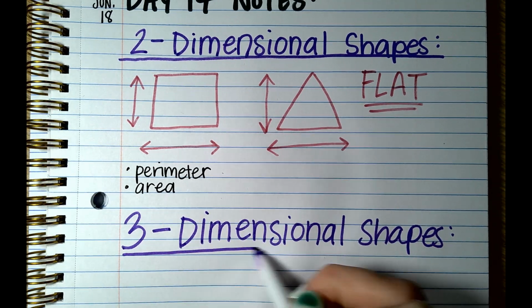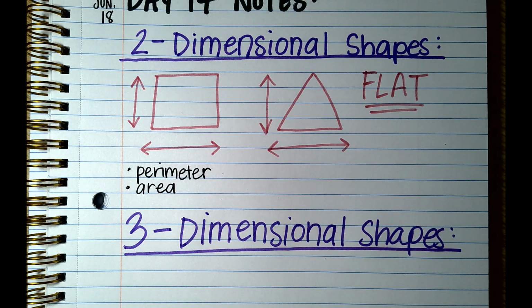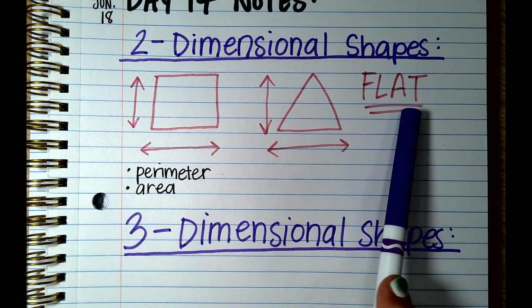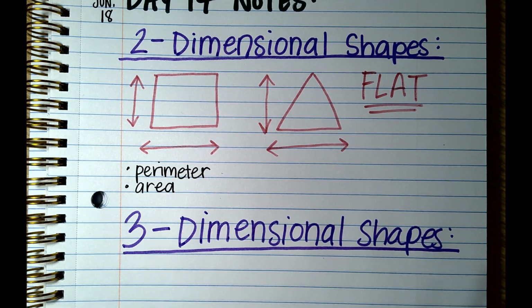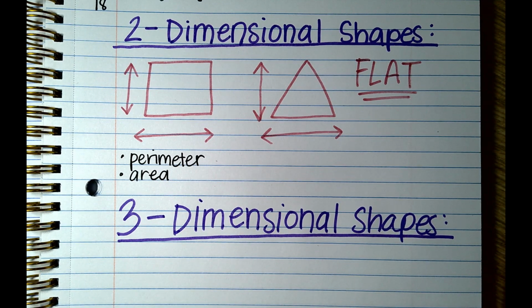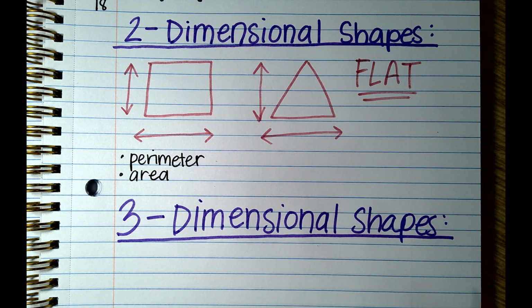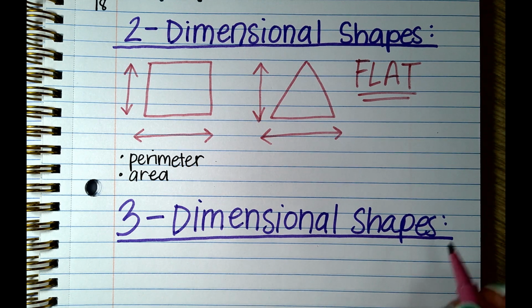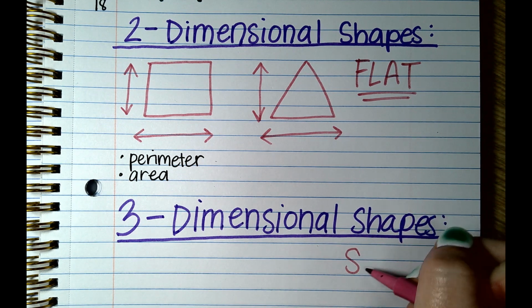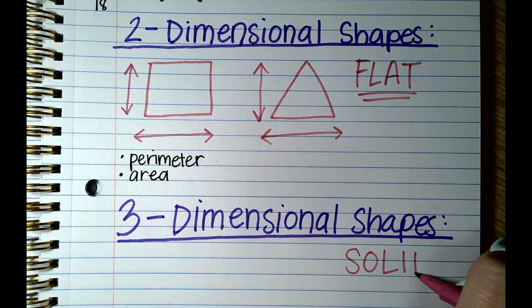So, 2 dimensions are flat. 3 dimensions are what we would describe as solid. It's like a sphere, like a cube, like a person, like anything that is not flat. So I'm going to say it is solid. It pops out.